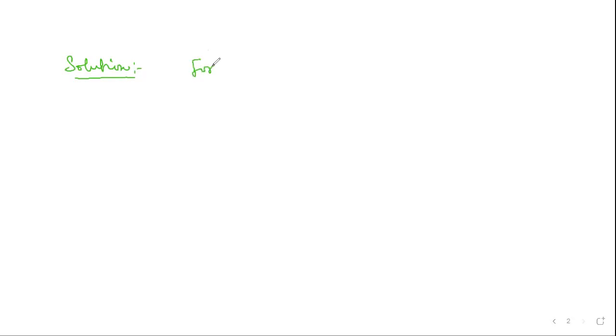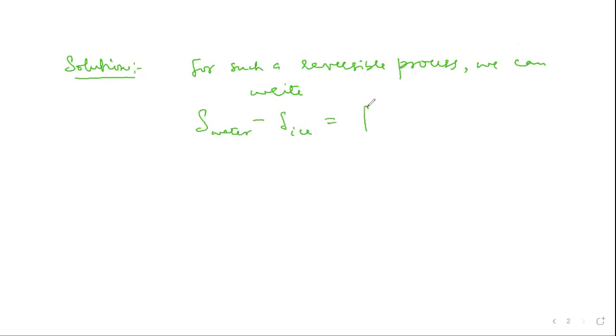Now, for such a reversible process, we can write S water, which is my SF final state, minus S ice is integral dq by T. Now, since during the process the temperature stays constant, I take temperature outside the integral and inside is only dq.